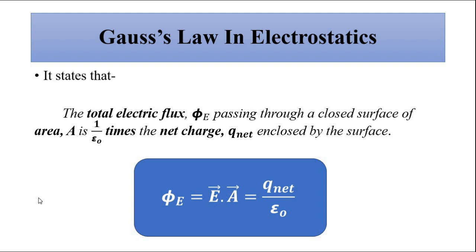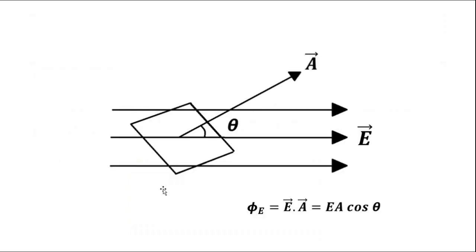Gauss law of electrostatics states that the total electric flux passing through any closed surface or area A is 1 by epsilon 0 times the net charge enclosed by that surface. Here if we take this example, let us say the total charge enclosed by this whole imaginary area is Q net. This Q net can be anything.